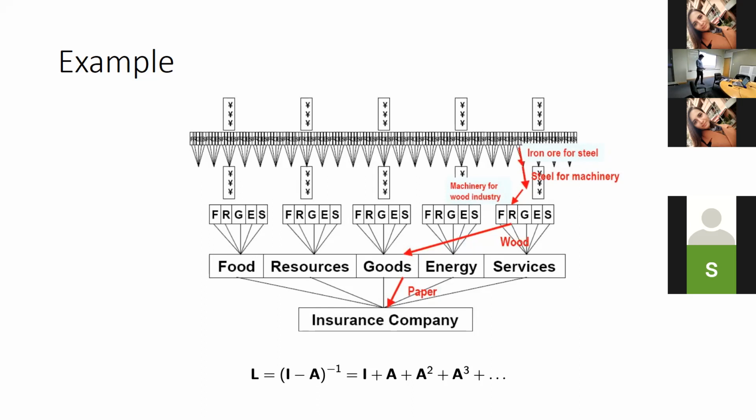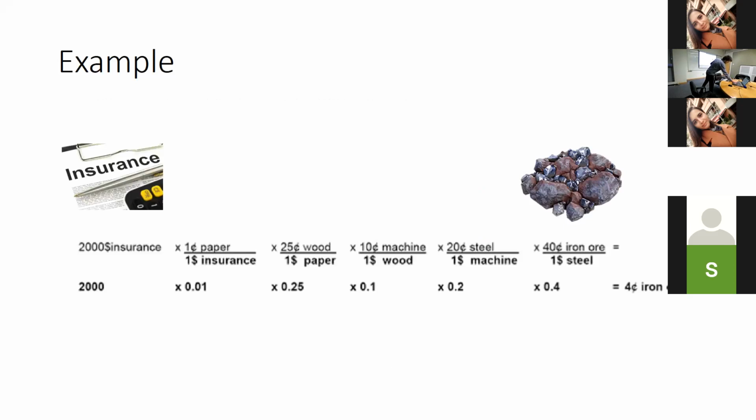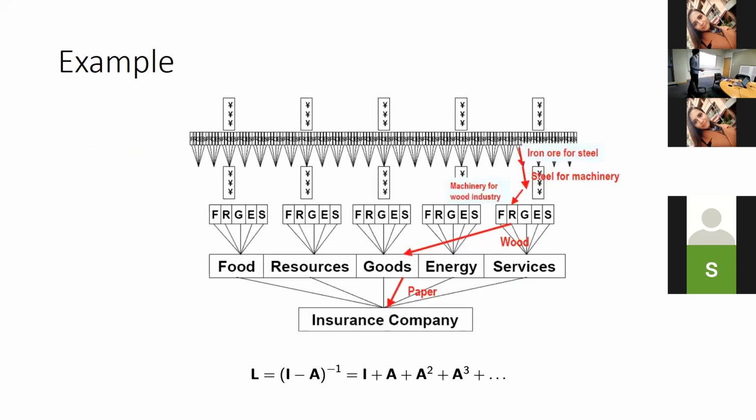Well, that's basically the contribution of the economist Leontief, who worked most of his life in the States, at Harvard University, and received the Nobel Prize for his work. He delivered a very smart mathematical framework to answer such questions and to turn the infinite impact calculations into a single algebraic formula.